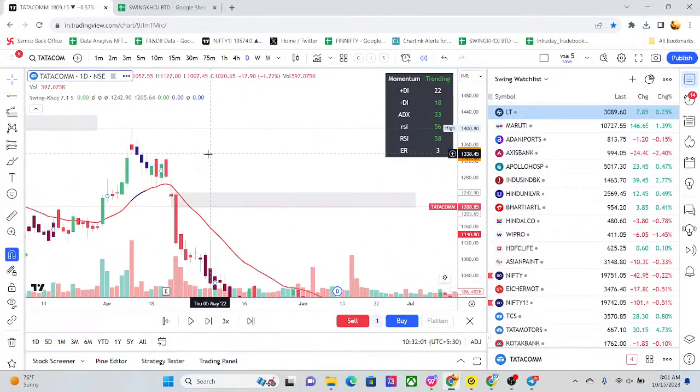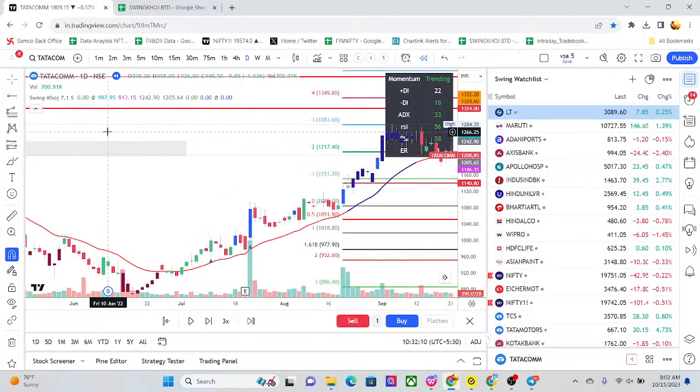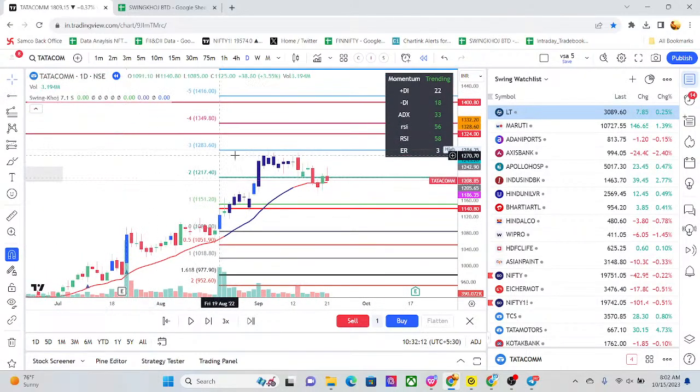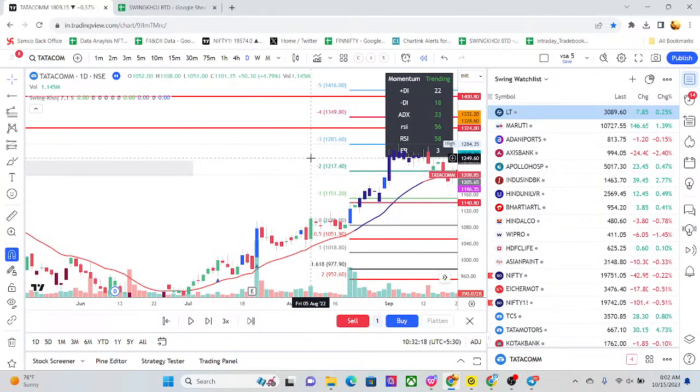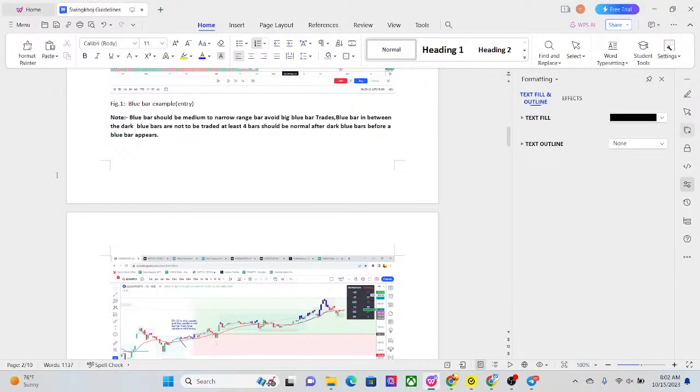So this is a swing high, or maybe this. Yes, you can mark the swing high here. Okay. So clearly it is above our target, right? So let's go for the next one.